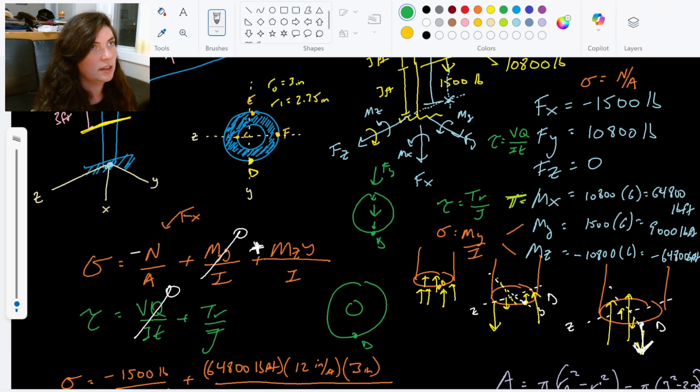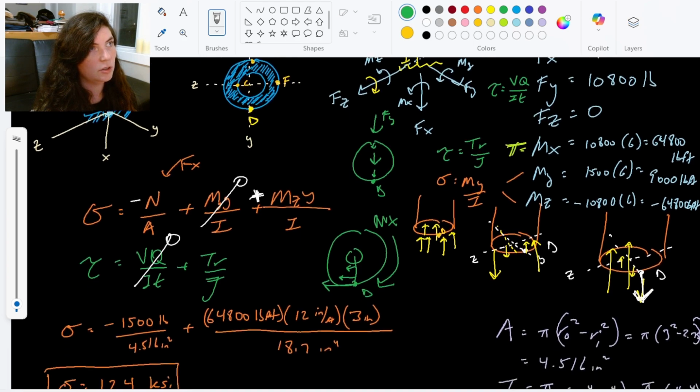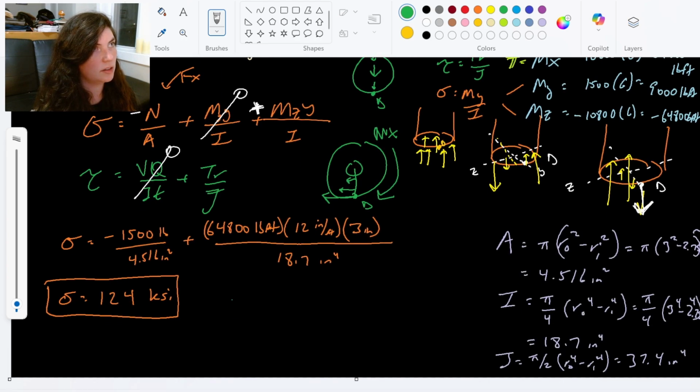I have this Mx causing a torque on the cross section, and we know that a shear stress from torque is 0 at the centroid and gets larger and larger until we get the largest at the outer edge, which our point D is at, which means we do need this term. We do need torque times radius over polar moment of inertia.